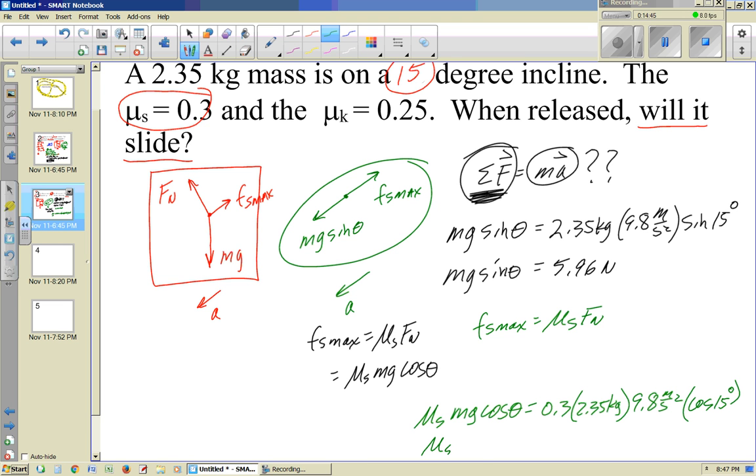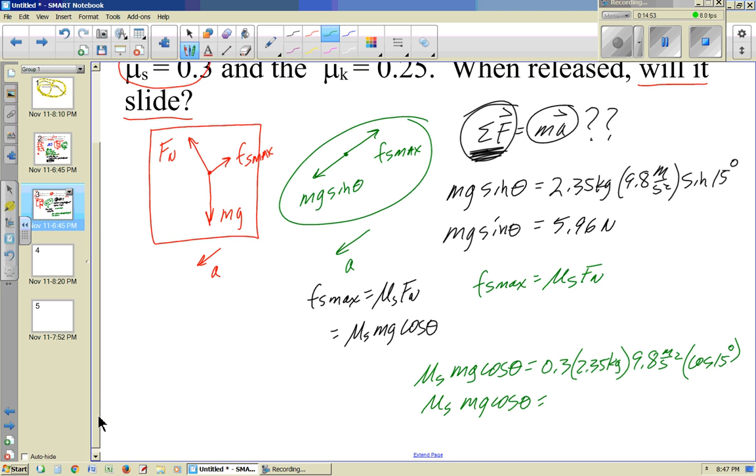So, mu static mg cosine of theta is equal to this. Get your calculators again, punch it in, and let's see what you get. Okay, I've got something. Okay, so what I got for this answer is 6.67.